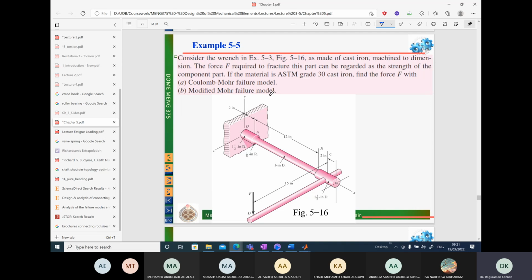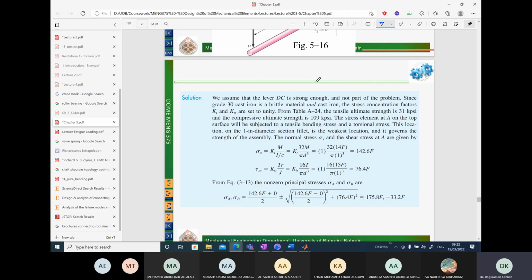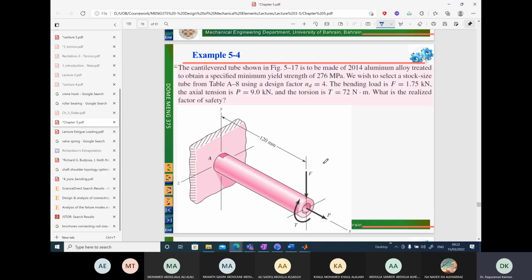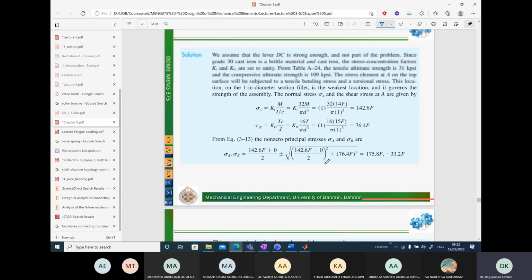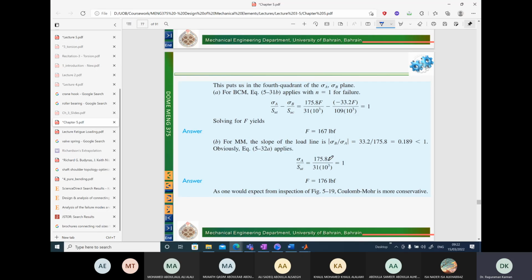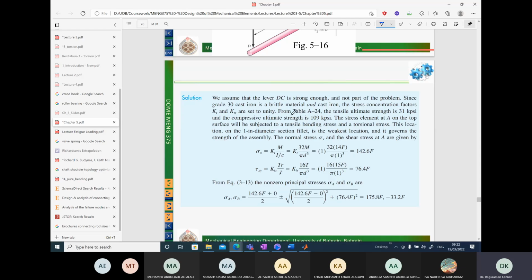Okay, so let's see here. We need the properties of this particular material. Let's see from the solution if we can get them.